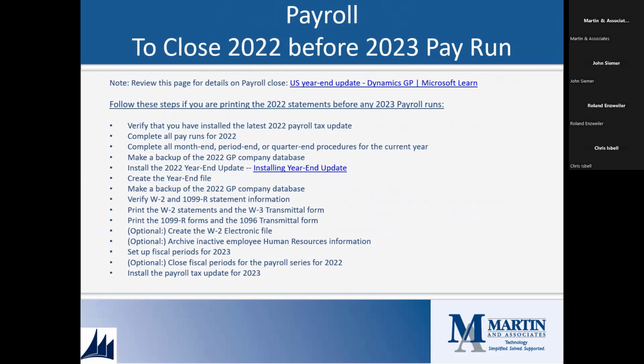You want to install the latest year end update for your last payroll, or, I'm sorry, you can run your last payroll before you run that update. And once you're done with that, then you want to put in the last update of the year so that all the forms are ready for running the end of year process.